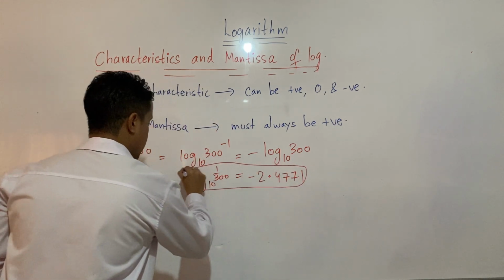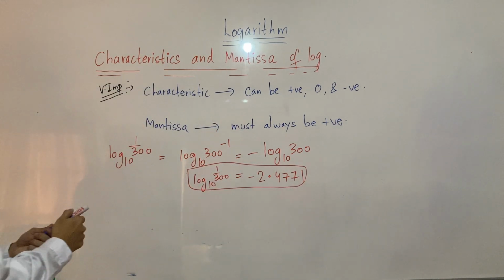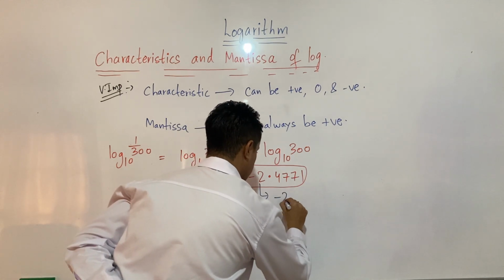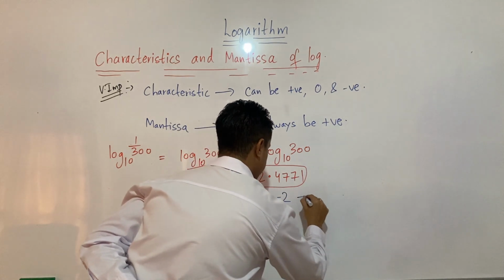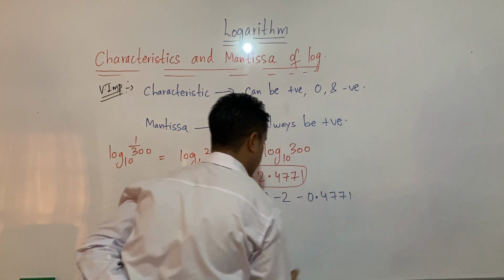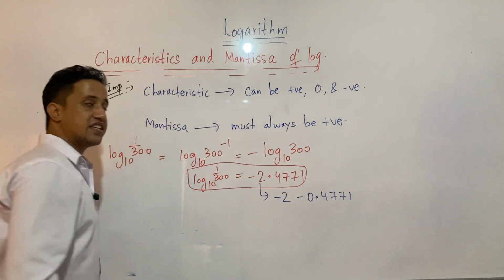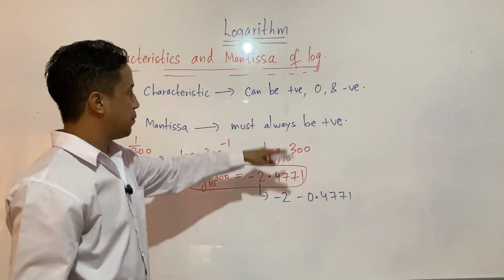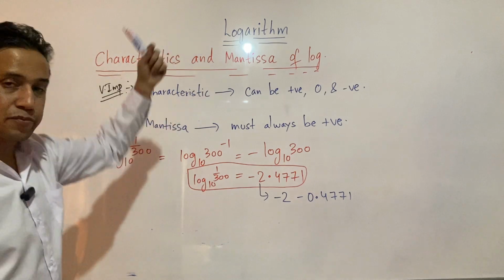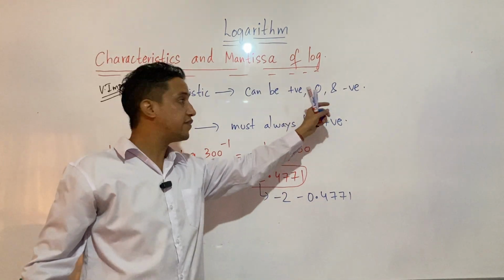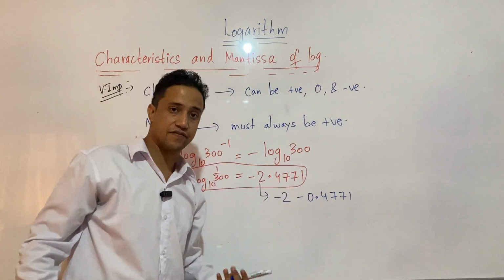Now see here, if I break down this value, it's going to be minus 2 and minus 0.4771. The characteristic is fine, because the characteristic of a log can be positive, zero, or negative.